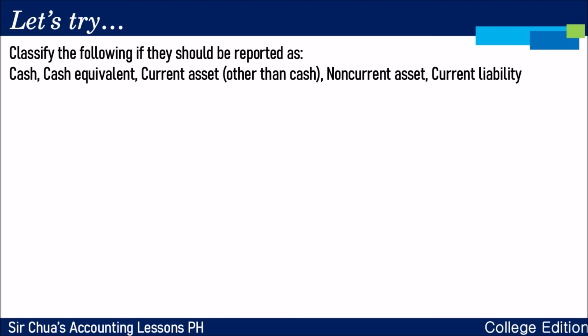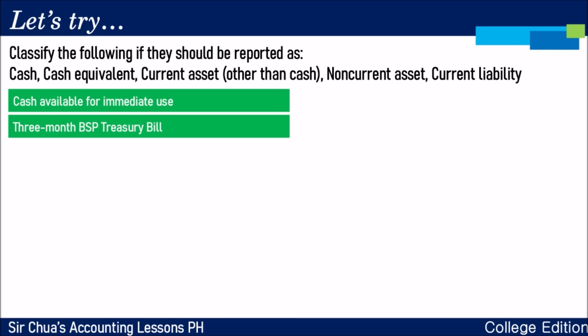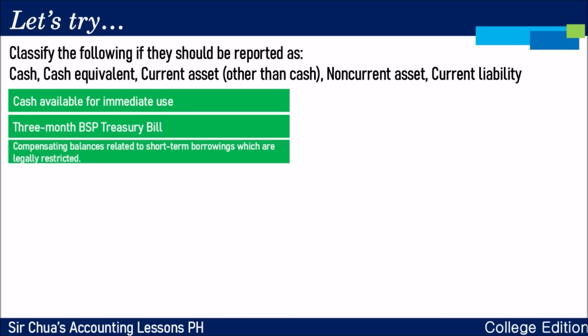Let's have number 1. Ano po kaya ang cash available for immediate use? Now, how about 3-month BSP Treasury Bill? How about compensating balances related to short-term borrowings which are legally restricted?